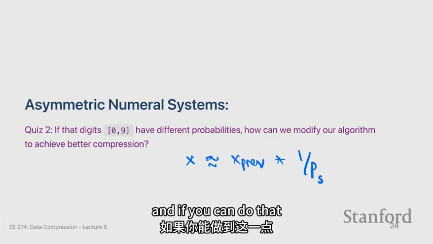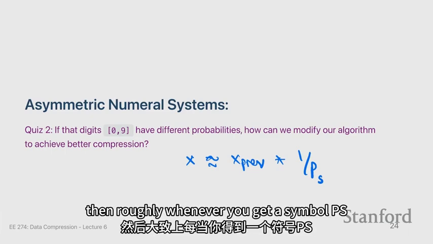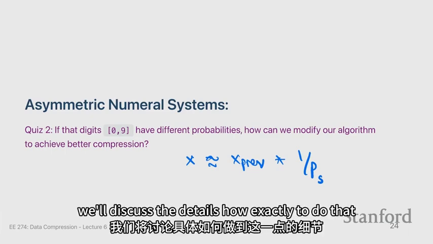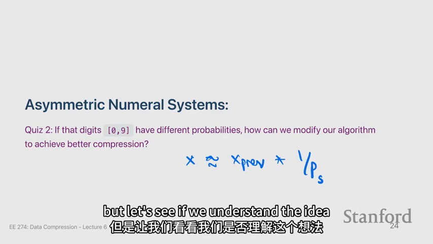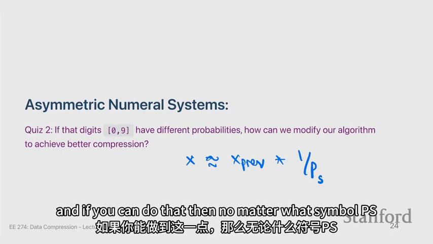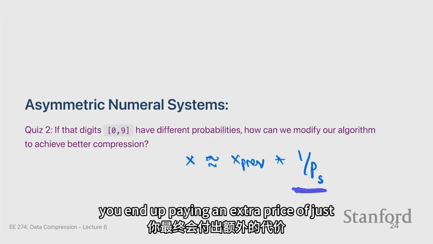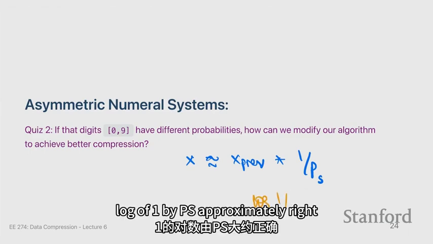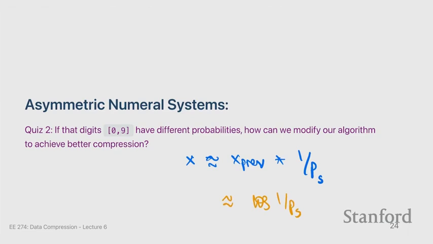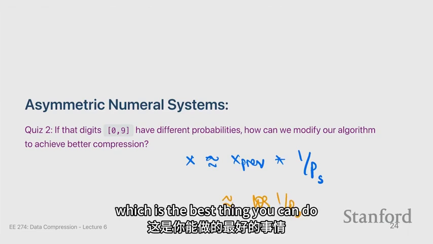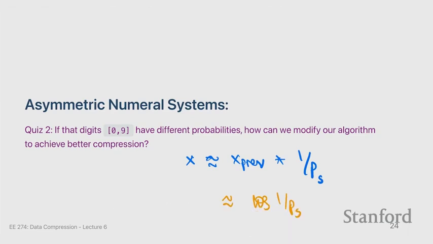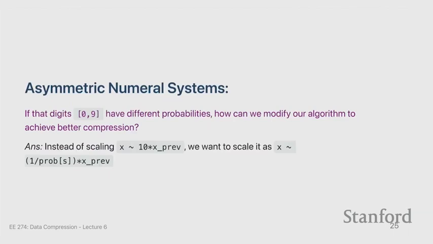And if you can do that, then roughly whenever you get a symbol s, we'll discuss the details of exactly how to do that, but let's see if we understand the idea. No matter what symbol s gets encoded, you end up paying an extra price of just log of 1 by p_s approximately, right? Which is the best thing you can do. Is everyone with me?